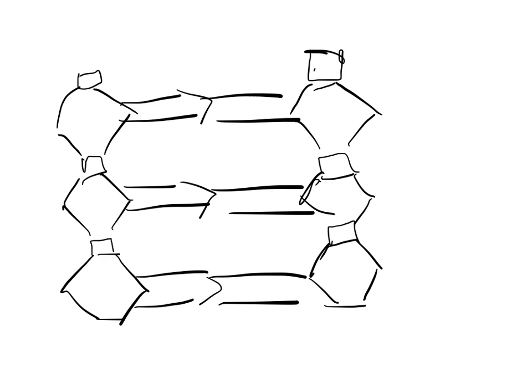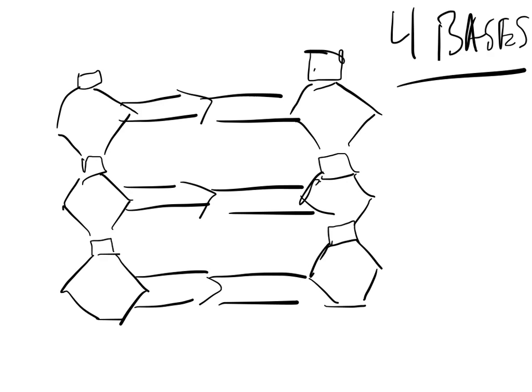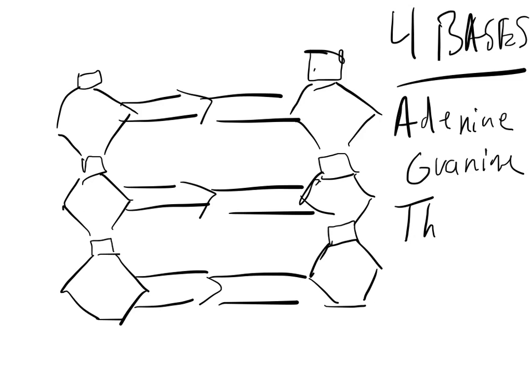Now there's four types. In DNA, there's four bases. So I'm going to just write them right here. Four bases in DNA. There is adenine, guanine, thymine, thanks for bearing with me on that, and cytosine.